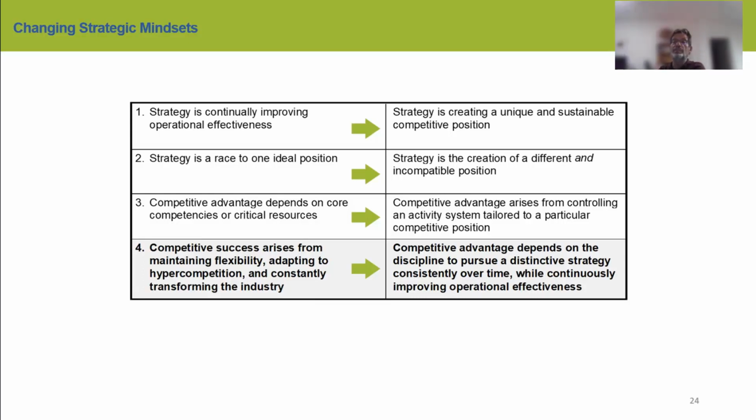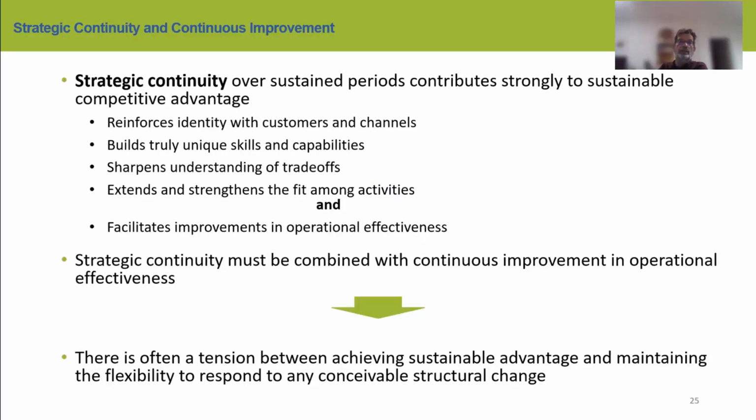The competitive advantage depends on the discipline to pursue a distinctive strategy consistently over time, while continuously improving operational effectiveness. Strategic continuity and continuous improvement. This is a very important issue.